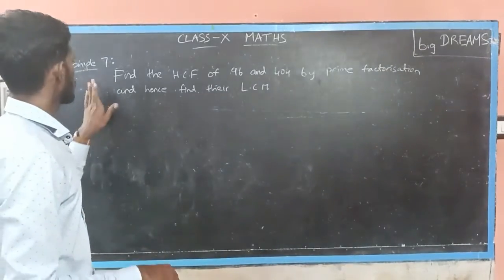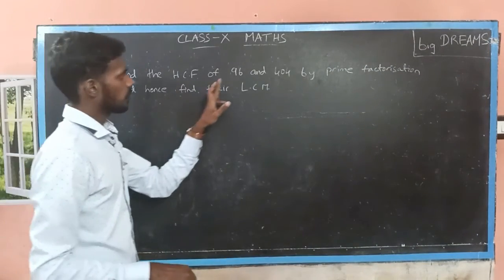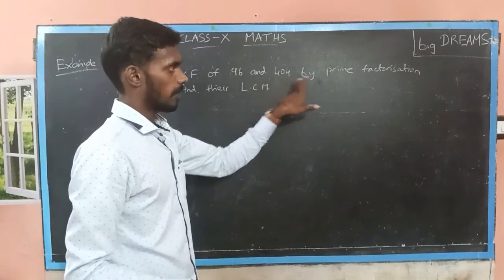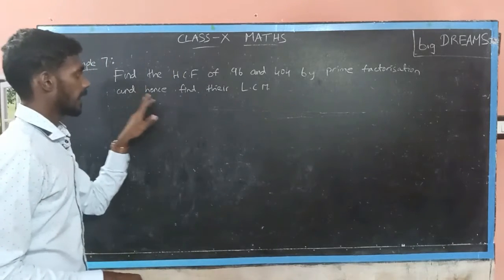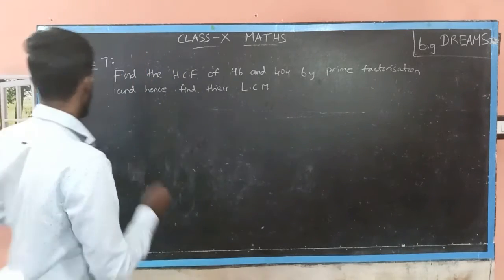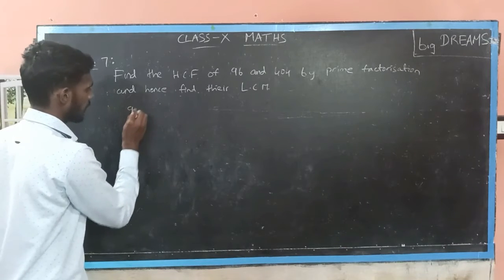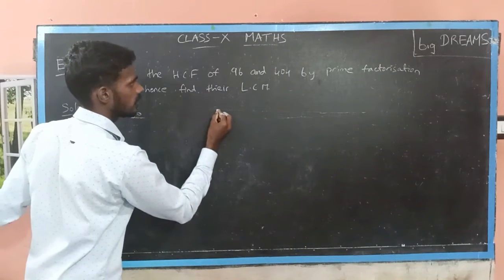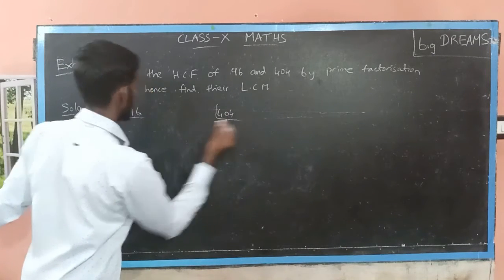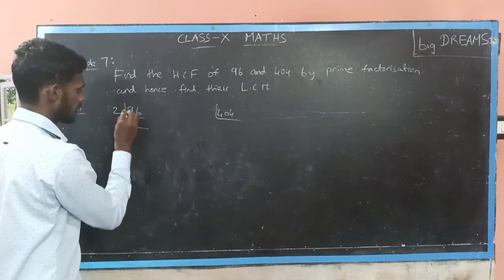Students, next the example 7: find the HCF of the numbers 96 and 404 by the prime factorization method, and hence find their LCM, right? So the solution here is prime factorizing the numbers 96 and 404. Okay, so first do for 96.